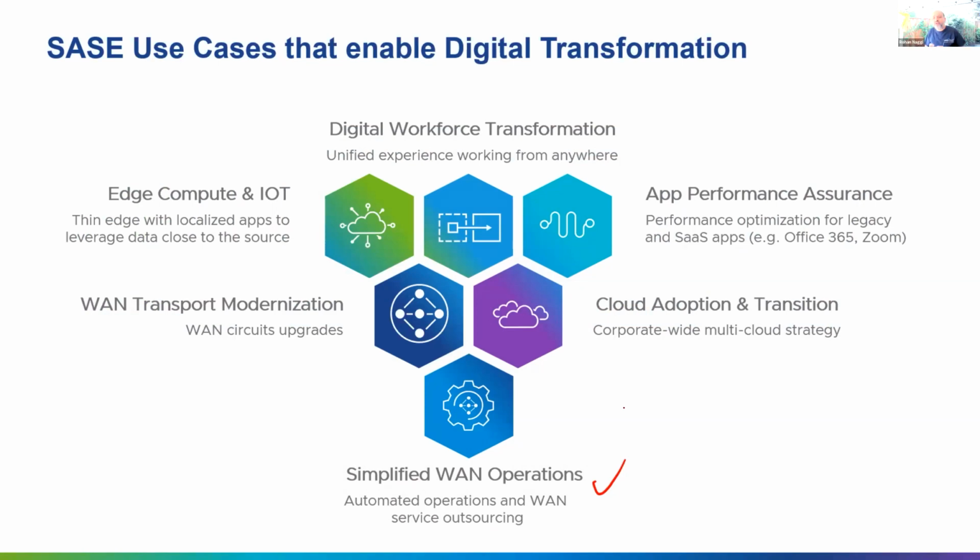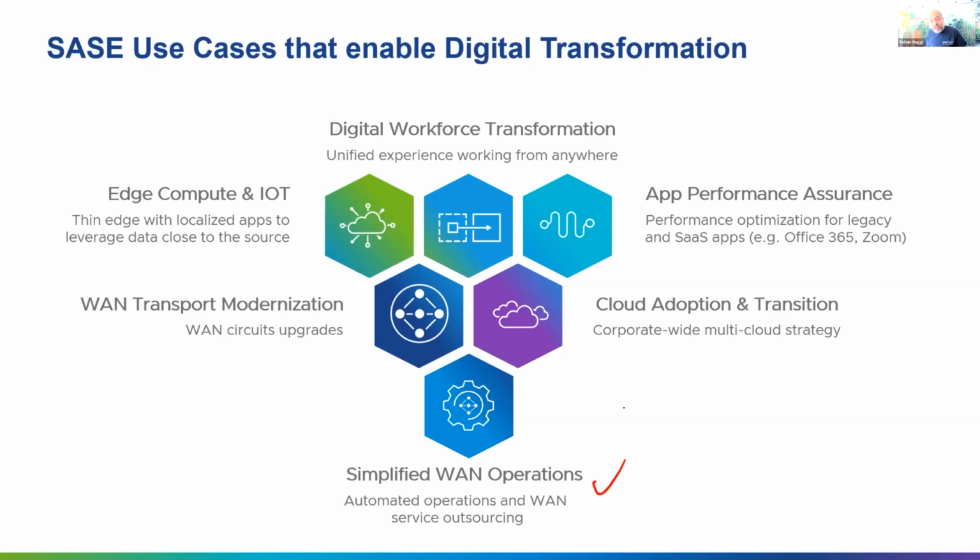Smart defaults are already built into the SD-WAN solution, so that application assurance and performance is there, not only for Zoom application traffic, which I just gave as an example, but for on-prem applications and SaaS applications also. What it also means is you can override these smart defaults and customize your application experience. So that's where simplified WAN operation comes into play.